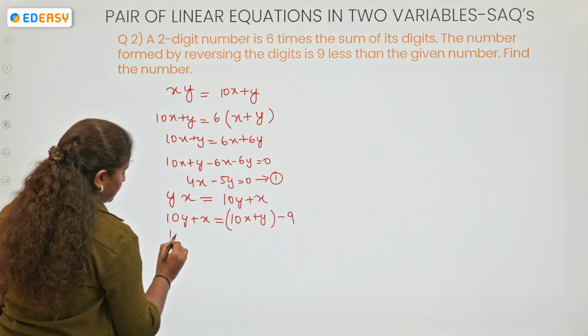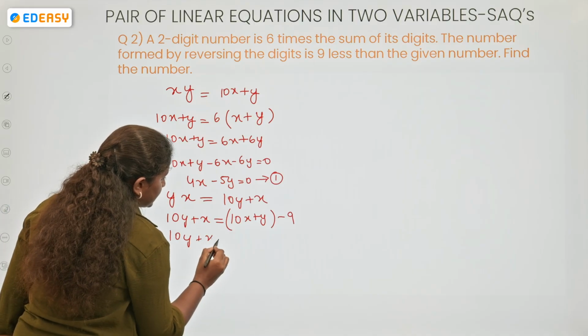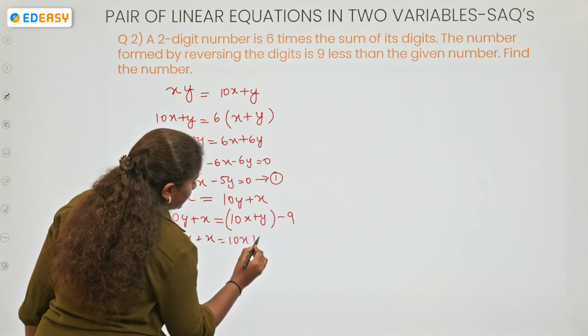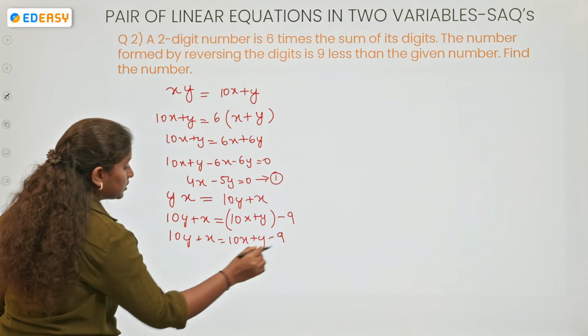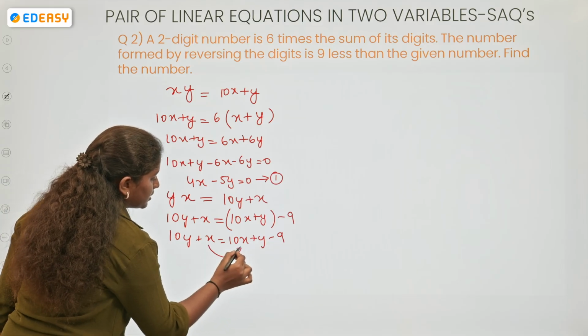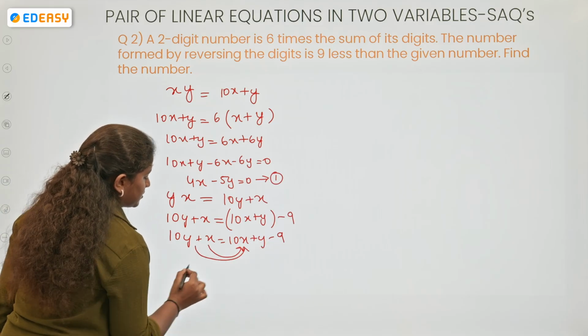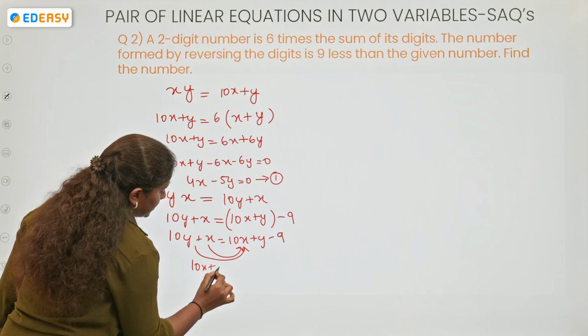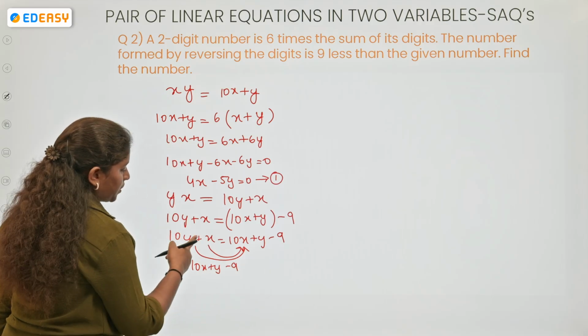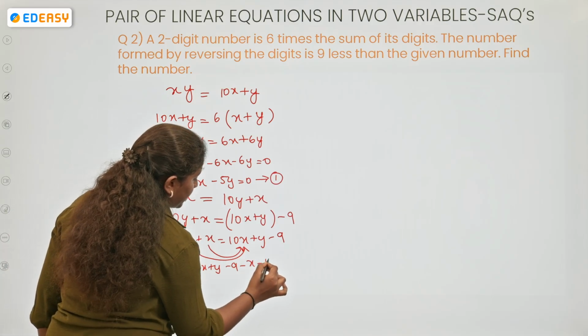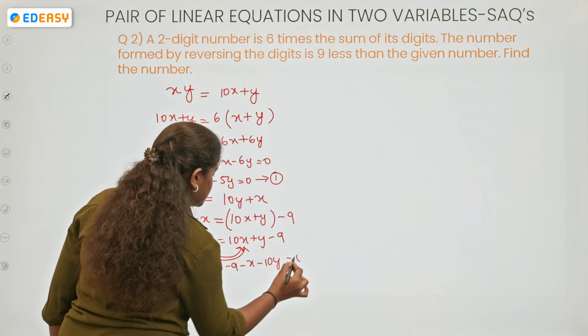Let's simplify this. 10y plus x equals 10x plus y minus 9. Bring all the terms to one side. So I am taking all these terms to the RHS. So 10x plus y minus 9 minus x minus 10y equals 0.